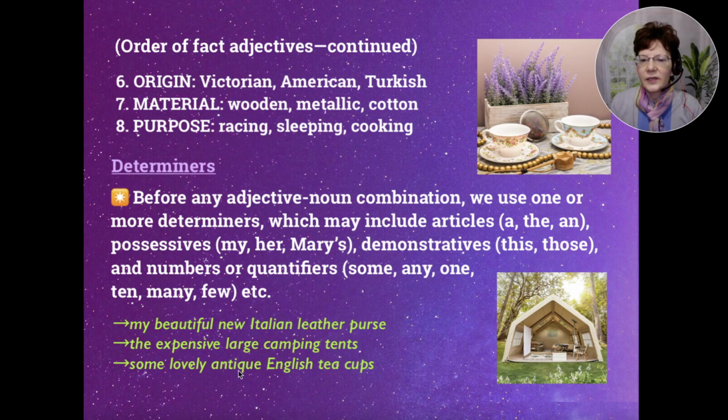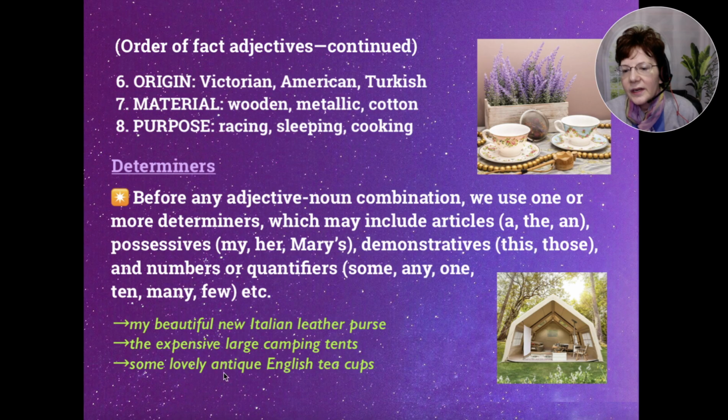Okay, so for example, we have my beautiful new Italian leather purse. So beautiful would be your opinion. It can be beautiful, lovely, I don't know, it can even be ugly to someone. New, that would be age. Italian, nationality. And leather would be what it's made of.